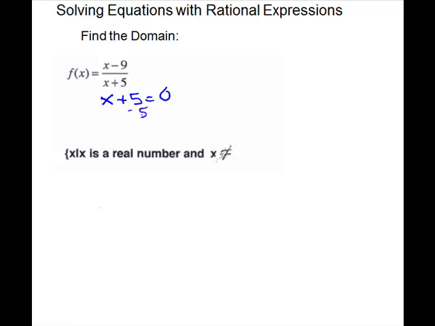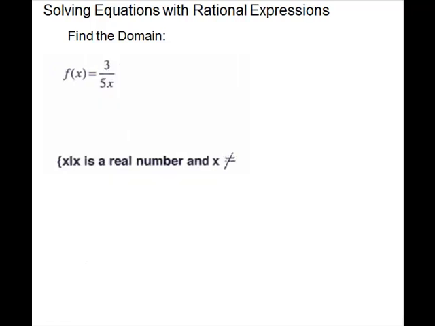So subtract your 5 from both sides. So x equals negative 5. Remember, that's what you want to throw away. So your note template already has part of this written, and you're just going to say, okay, I'm going to throw away negative 5.